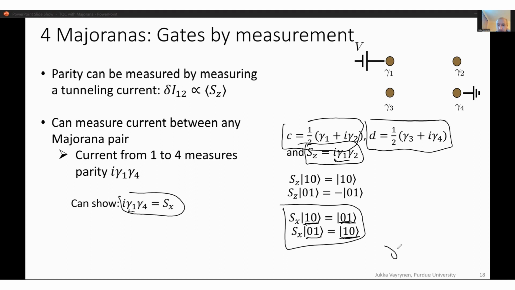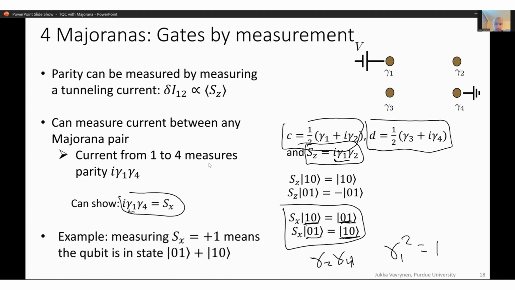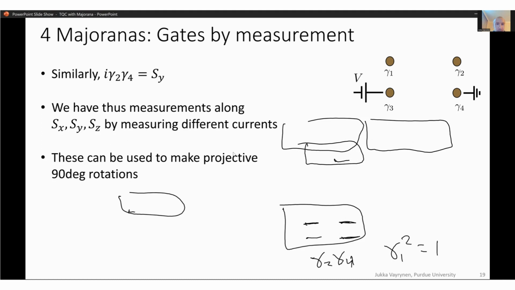So you will get gamma 1 squared, which is 1. And then the only thing you're left with is gamma 2 and gamma 4. So sigma Y will be something like gamma 2 gamma 4. Okay, I don't have it written. Maybe it's on the next slide. Yeah, okay, it will come on the next slide.